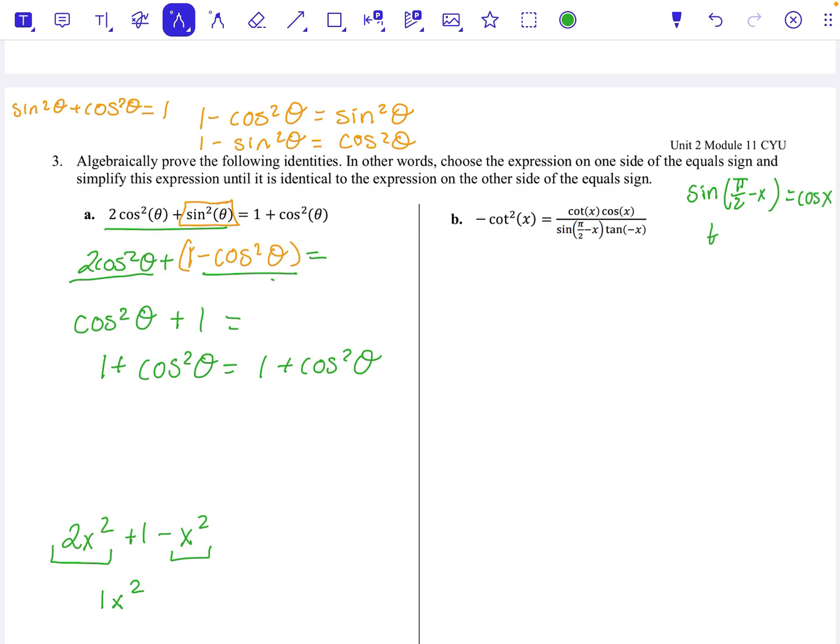And then tangent of negative x is equal to negative tangent of x. So let's replace those. We have still cotangent of x and cosine of x in our numerator. But down below now we have cosine of x and then negative tangent of x.